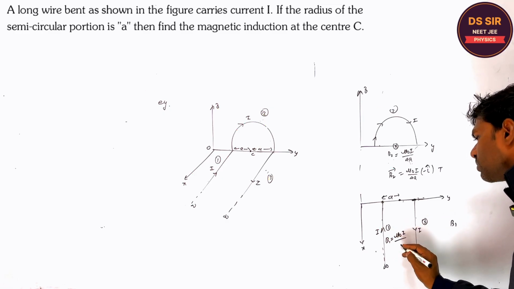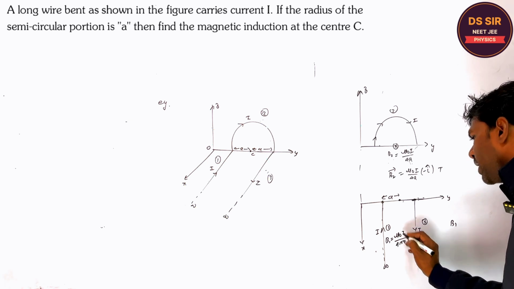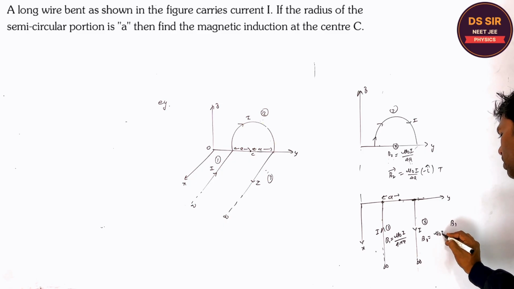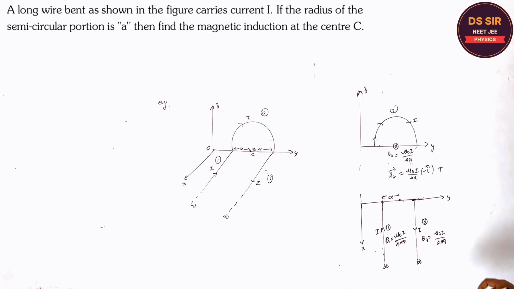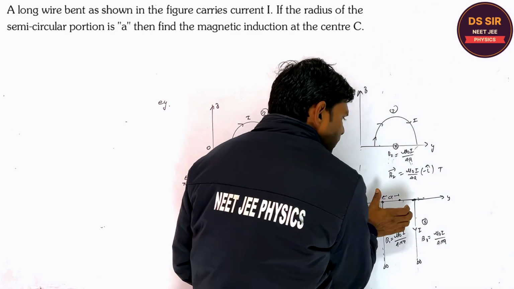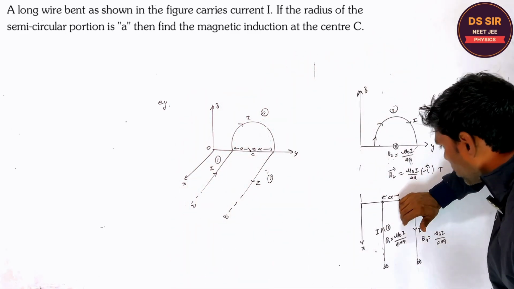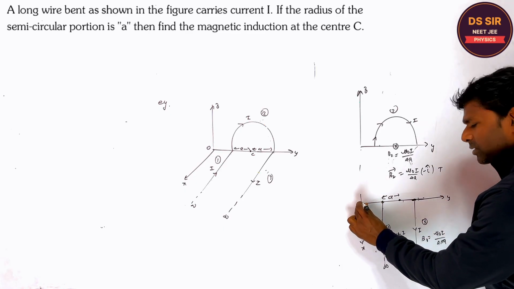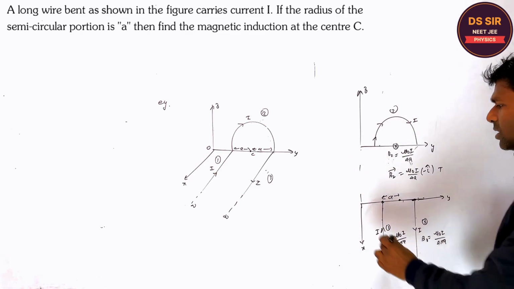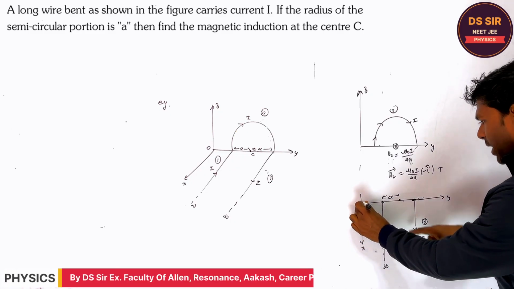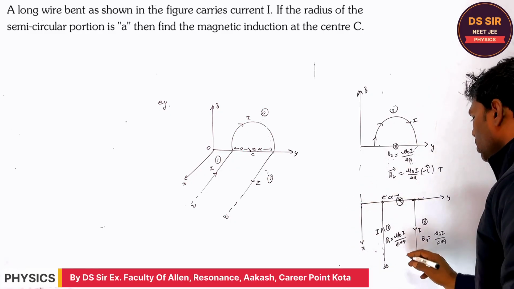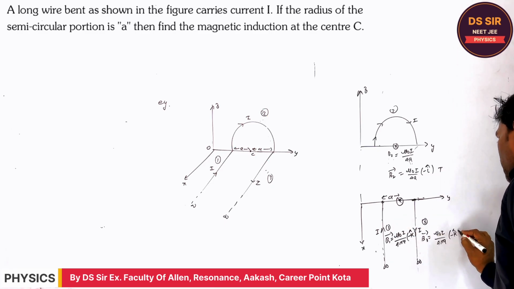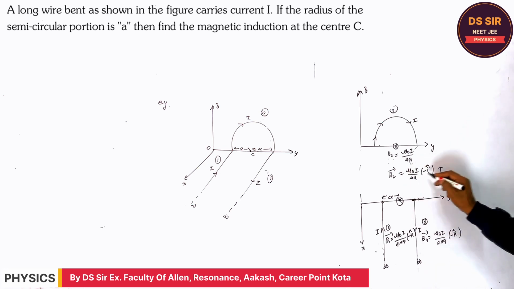Mu naught I upon 4 pi A. And B3, due to this also mu naught I upon 4 pi A. And the direction, tell me, is into the board. If this is X, Y, and this is Z, the direction into the board is minus K cap. This is minus K cap. So this is minus I cap.